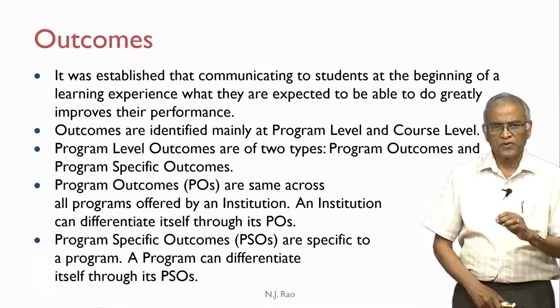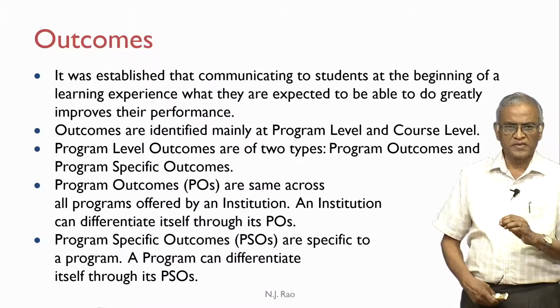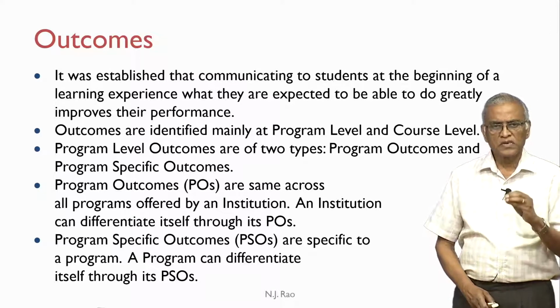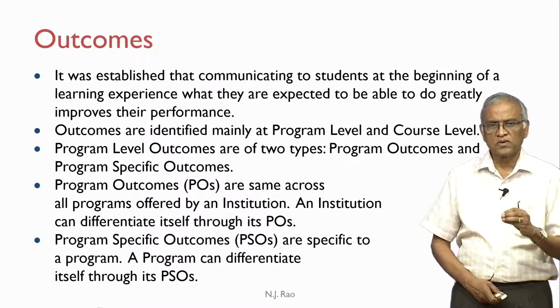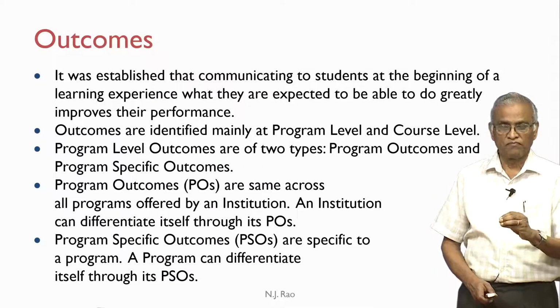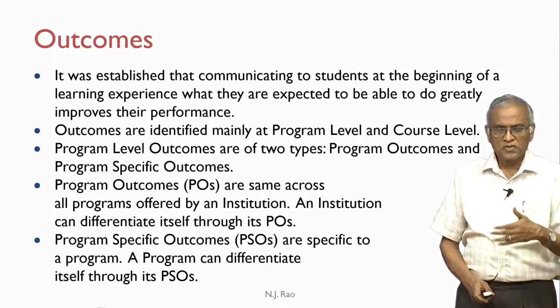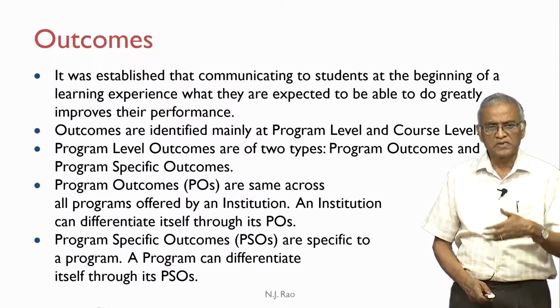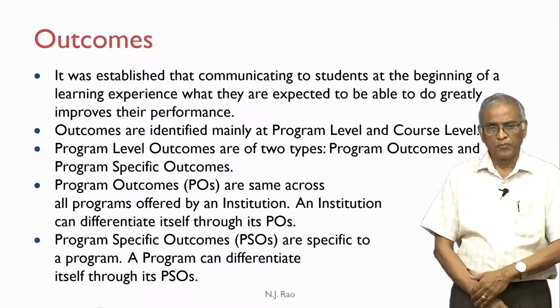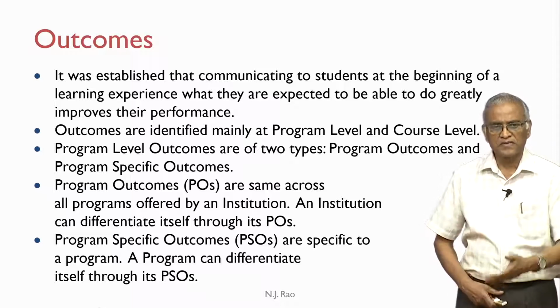For example, at the beginning of a semester when you are starting your course, you must communicate unambiguously what the students are expected to be able to do at the end of the course. If you know this is what I am expected to do, it becomes easier for the student to prepare himself, plan his activities and so on.